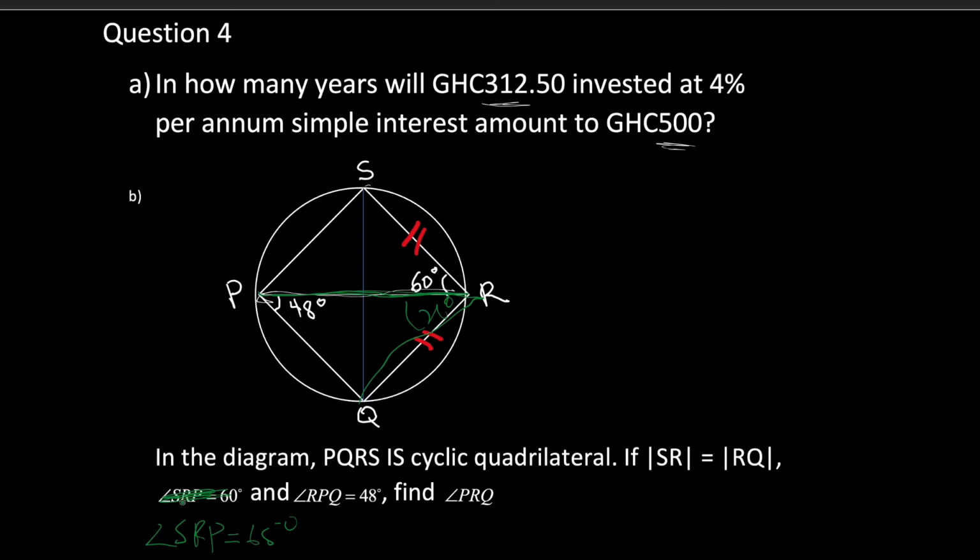Ignore this. It should be 65. So then we change this to 65 degrees. So please ignore this. The angle SRP should be 65 degrees, not 60.